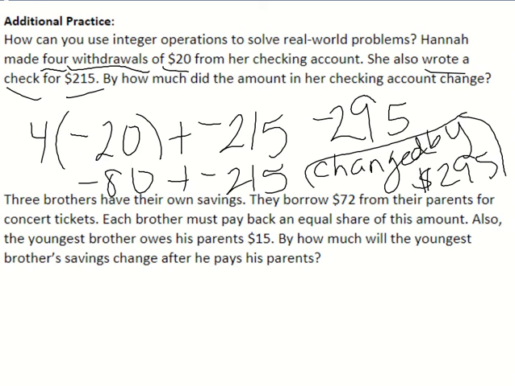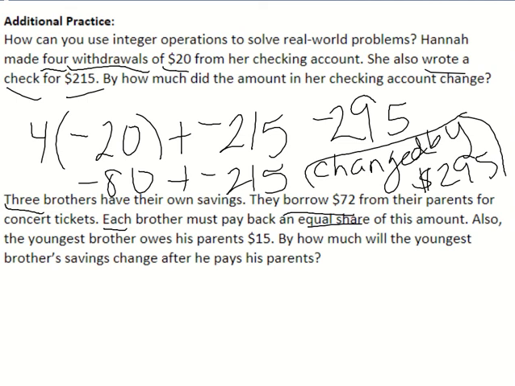So the first thing I would do is go find all the important things. There's 3 brothers that borrow $72 total, and they're each paying an equal share. So when you are paying an equal amount, it means you're breaking up that amount into equal sections, right?